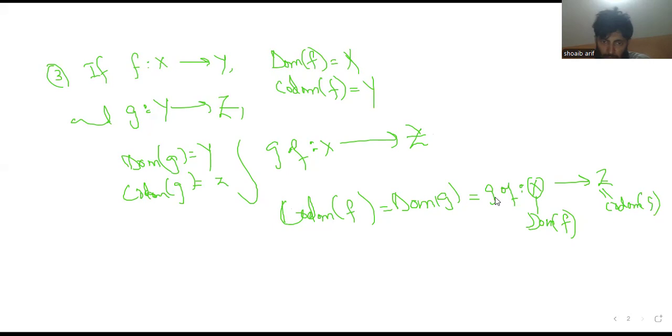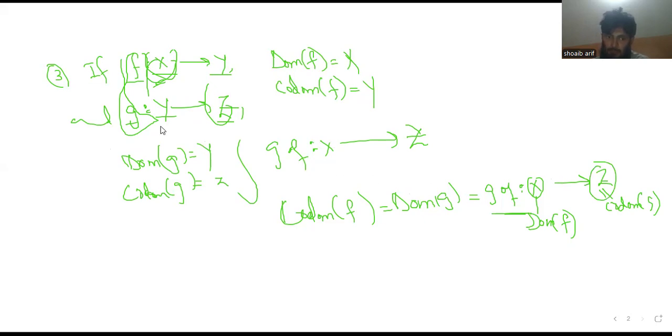So if there exist morphisms f from X to Y and g from Y to Z, we can compose them to get a morphism from X to Z, whose domain is equal to the domain of f and whose codomain is equal to the codomain of g.